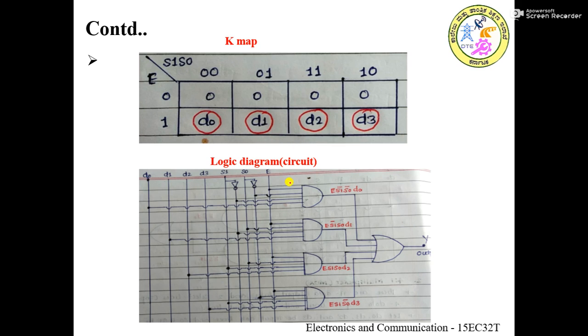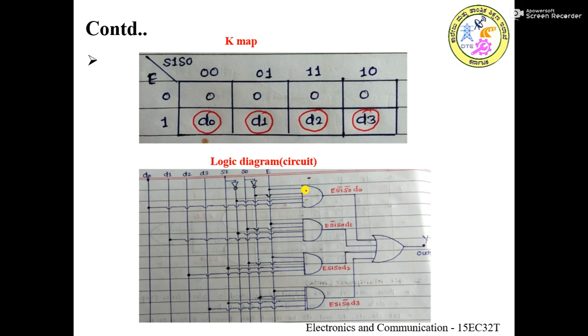And this is the logic circuit which is going to implement the same functionality. So we'll write D0, D1, D2, D3, S1, S0 and E here. The first product term you can get here, that is E S1 bar S0 bar D0.